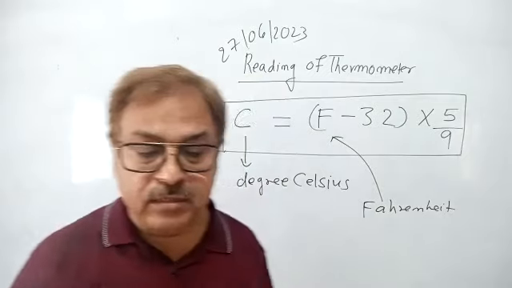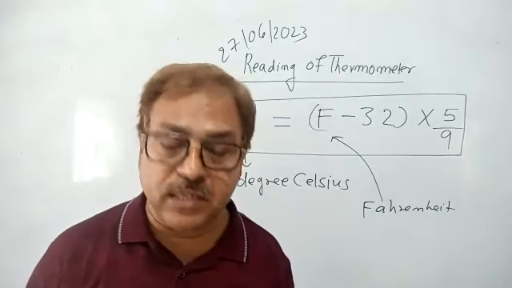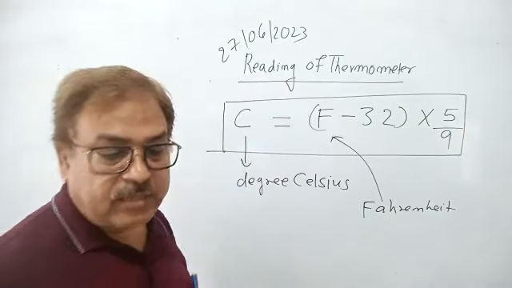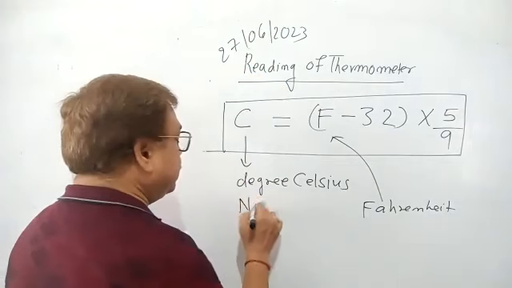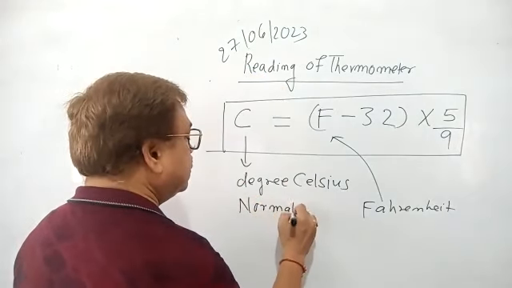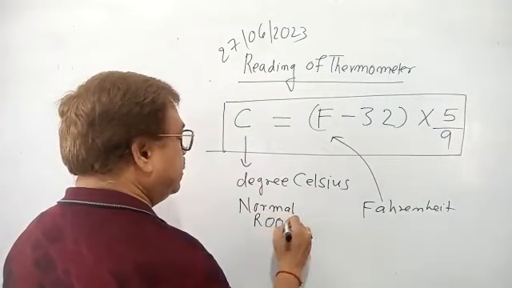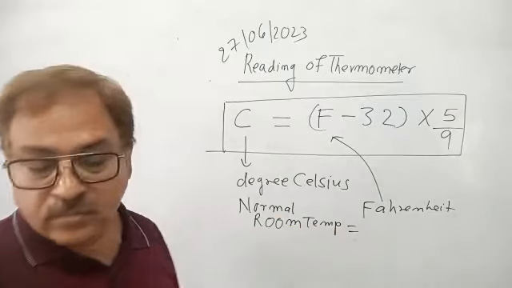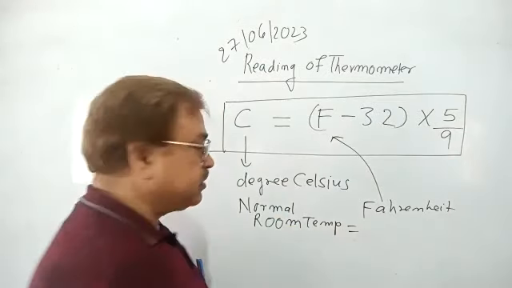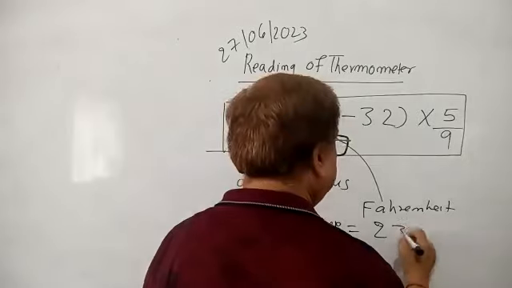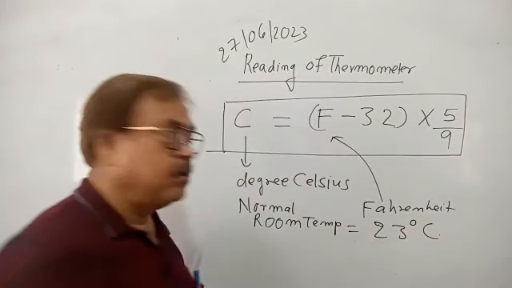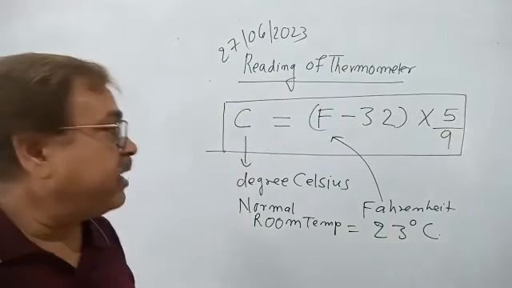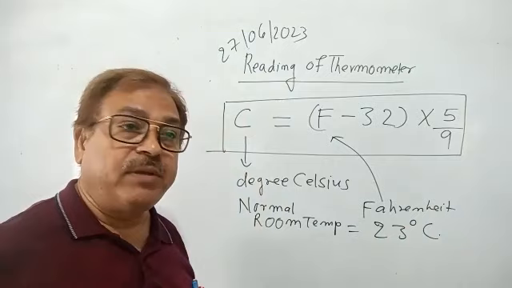Suppose normal room temperature is given as 23 degrees Celsius. How will we find it on the Fahrenheit scale of temperature?